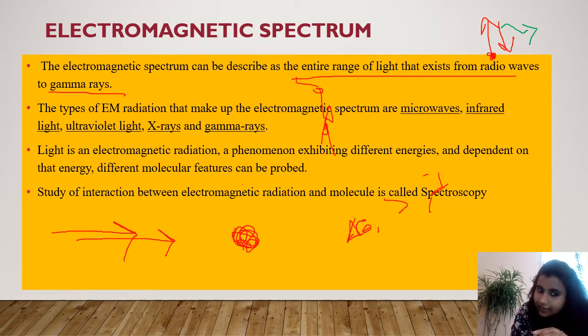When you expose a sample to light, this light has higher energy and lesser wavelength. The sample is made up of atoms, and atoms have electrons, protons and neutrons. The electrons in the sample absorb the light and move to a higher energy state.